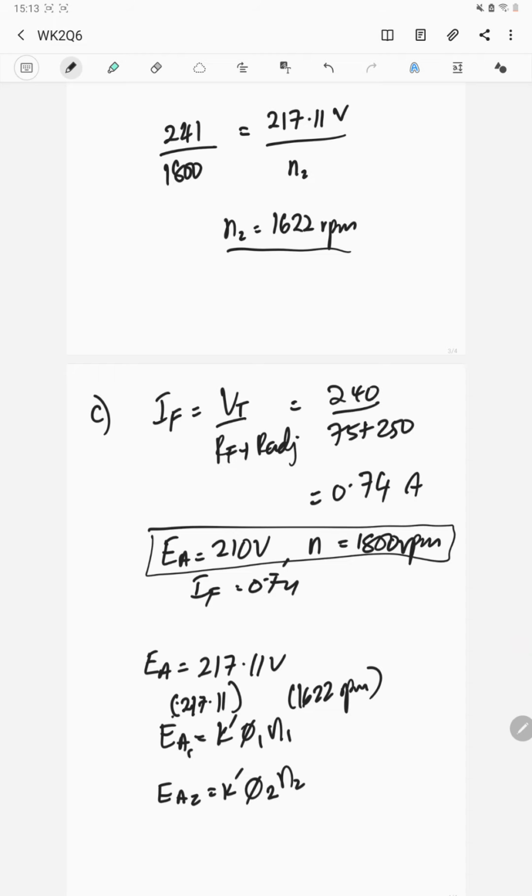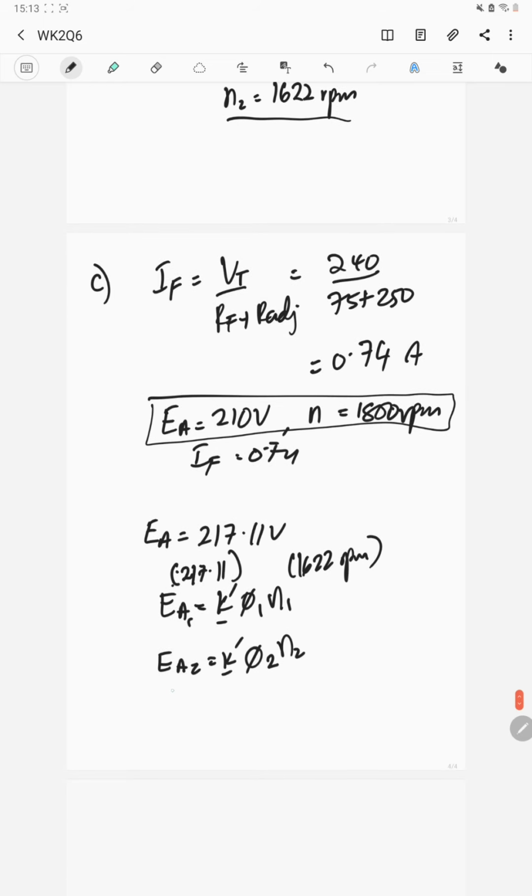With the same machine, K prime is the same, but the flux is different. EA2 is also 217.11 volts because it's still running at full load, the flux is different because we have a different field current, and of course we want to know the speed.